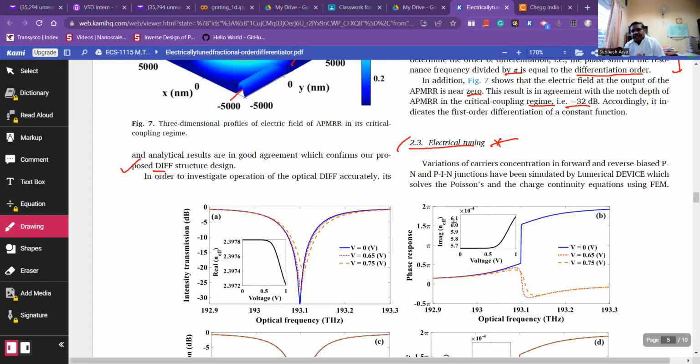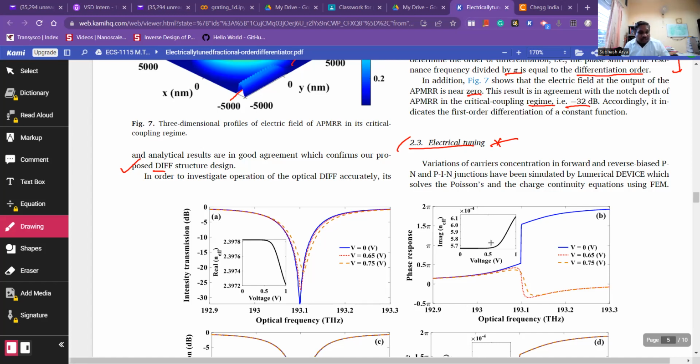Variation of carrier concentration in forward and reverse biased PN and PIN junction have been simulated by numerical device which solves the Poisson's equation and the charge continuity equation using a finite element method. So Poisson equation, Laplace equation.